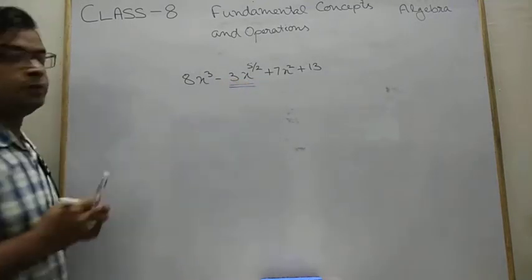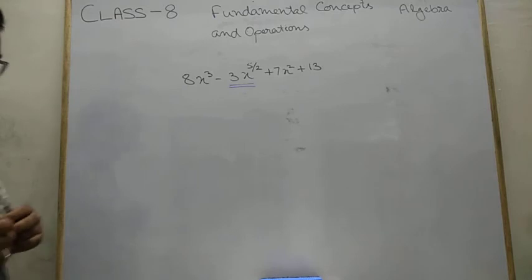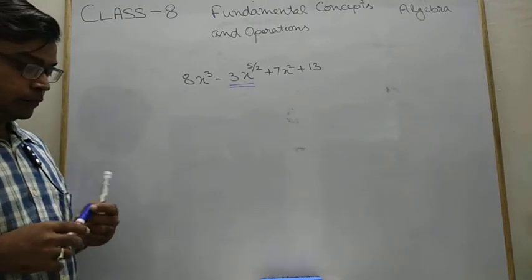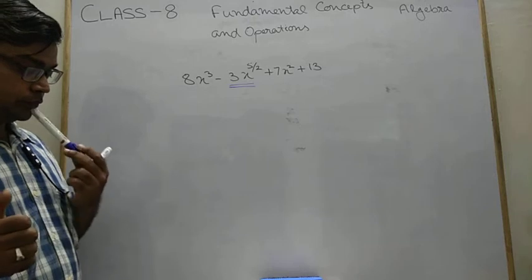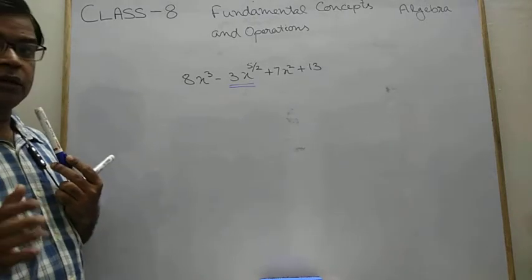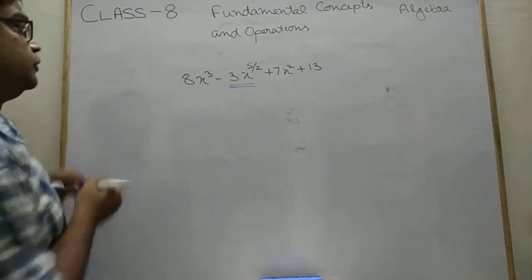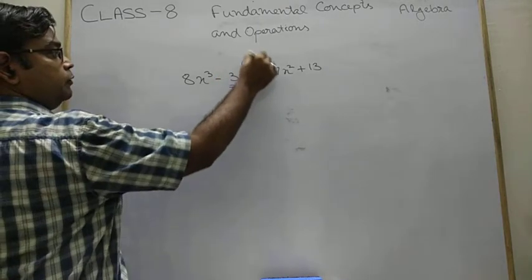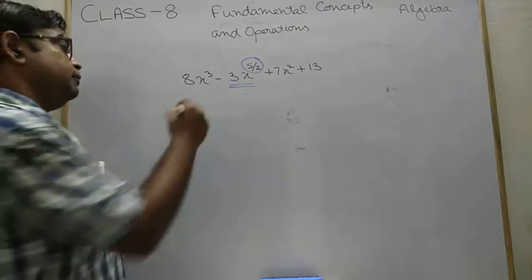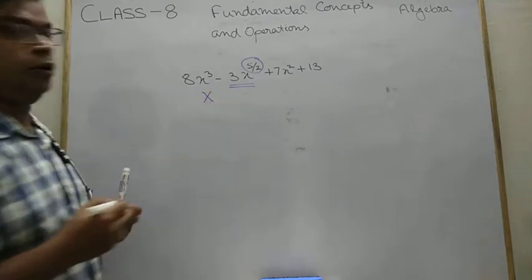This term of the expression is a fraction one. So is it a polynomial or not? No. It is not a polynomial because we have 5 upon 2 as the power.